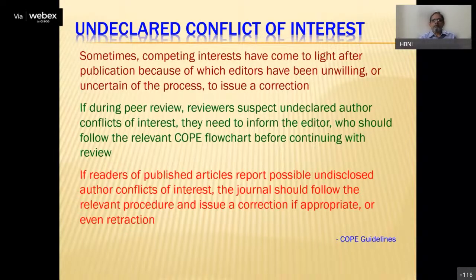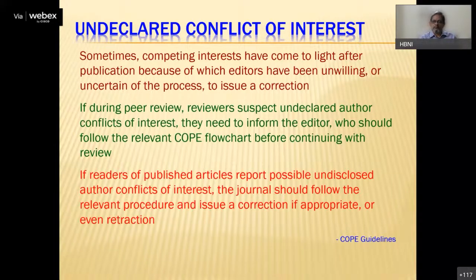Now, suppose the paper has already been accepted and published, and the readers report some possible undisclosed author conflicts of interest, then what should the journal do? There also it should follow a certain procedure and issue a correction if appropriate, or even retract this manuscript or paper.